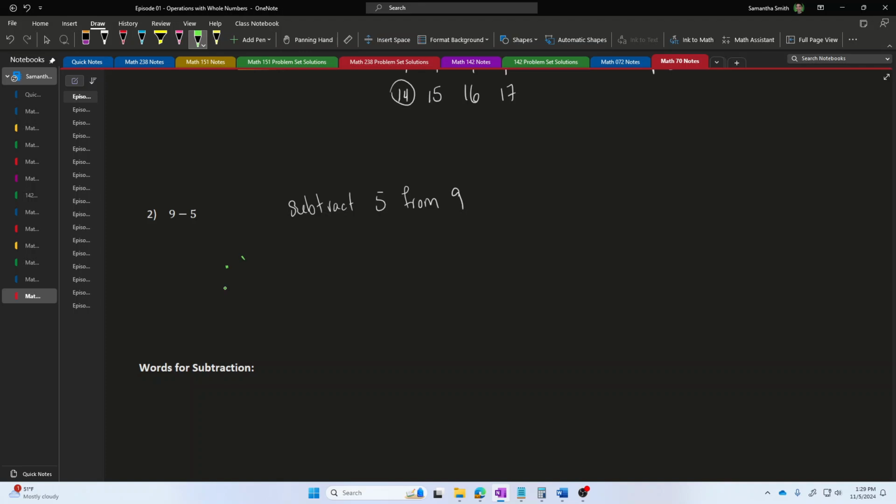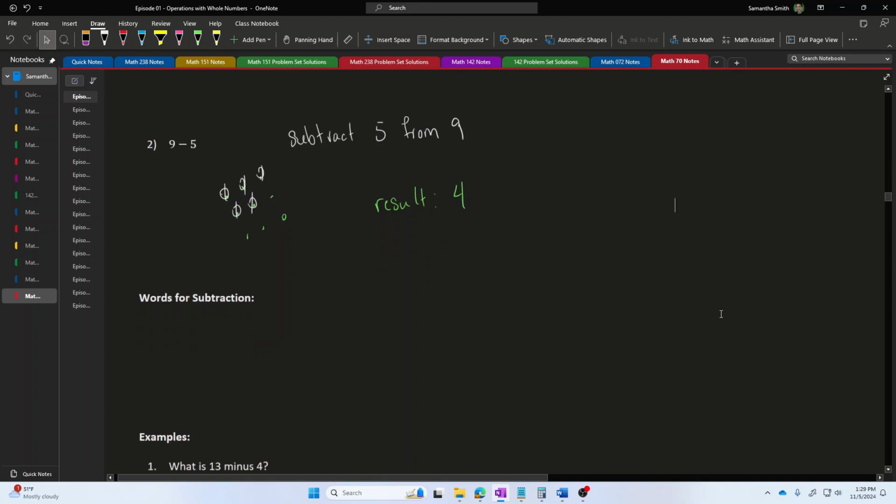I could start with a pile of 9 objects, and then I could remove 5 of those objects. 1, 2, 3, 4, 5. And then I could count how many objects I have left. And I have 1, 2, 3, 4 objects left if I subtract 5 from 9.